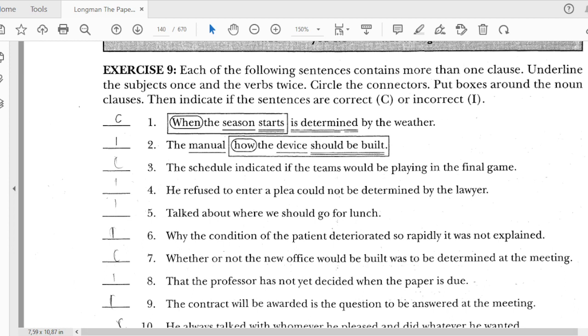Incorrect, because there are two subjects but only one verb. The schedule indicates if the team would be playing in the final game.